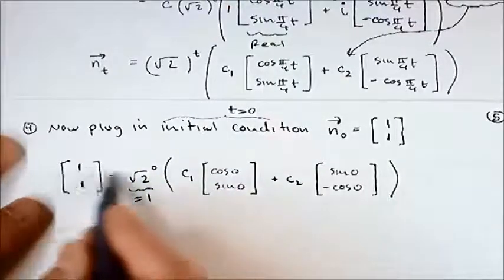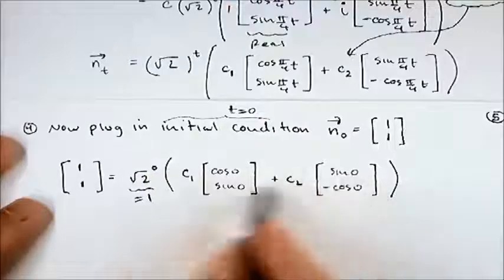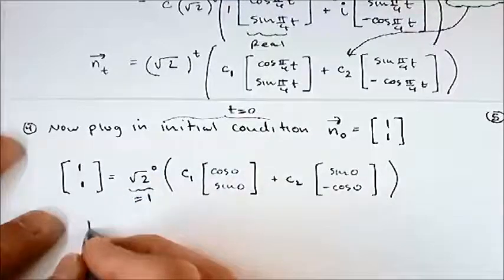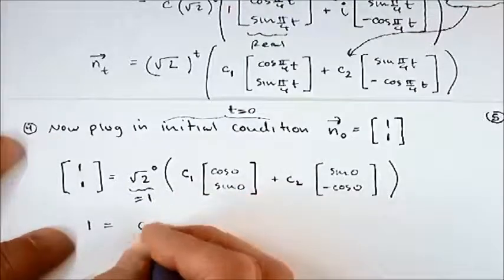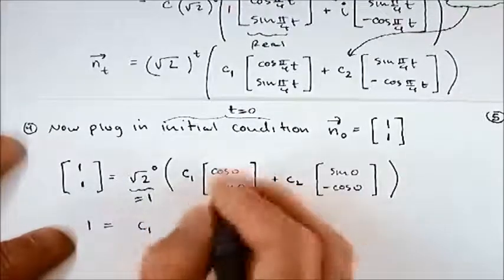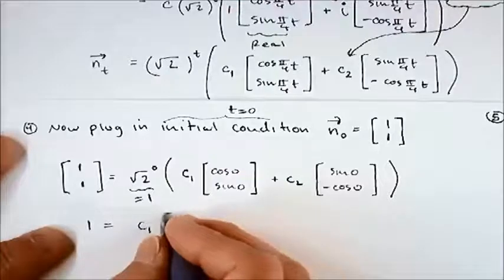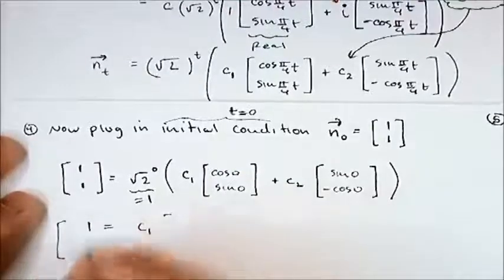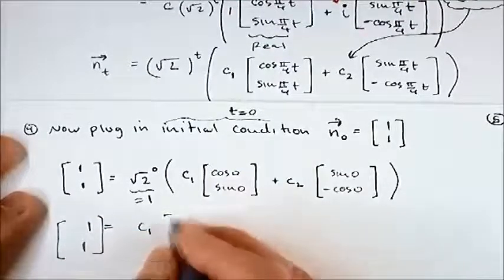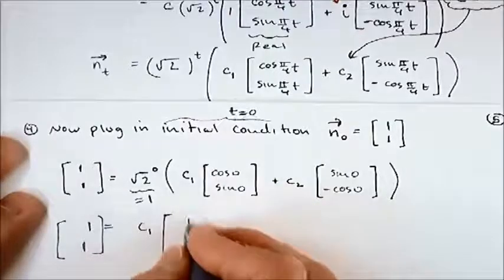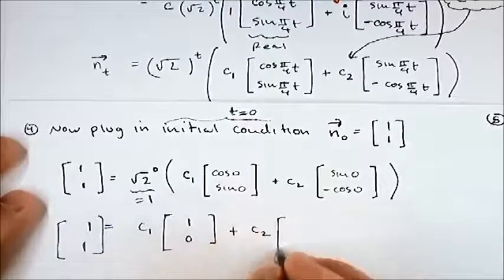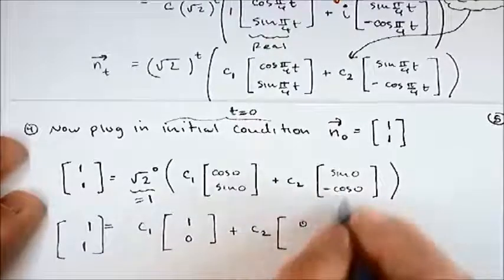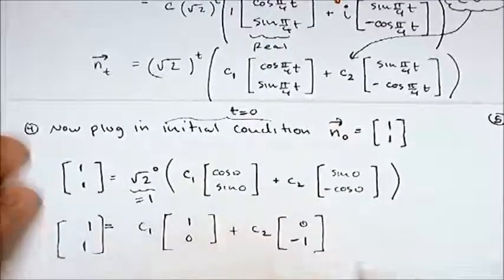So if you read the top lines here, what you end up with is 1 equals C1. Cosine of 0 is 1. Here, you know what? Let me take one more step here. Cosine of 0 is 1. Sine of 0 is 0. So that's 0, and this would end up being negative 1.